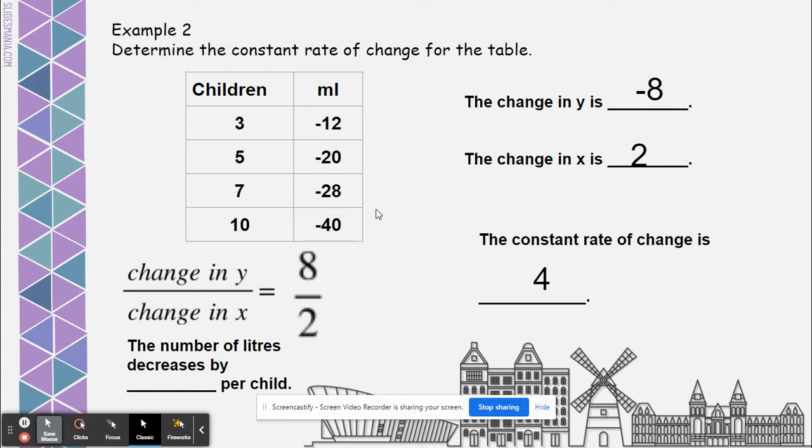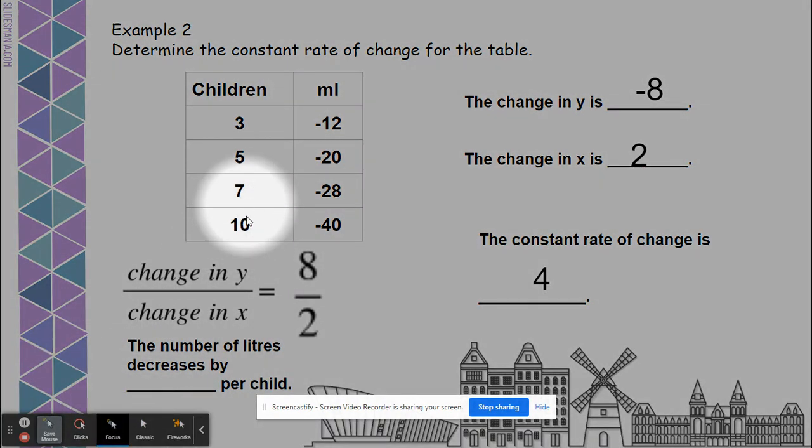I do want to point out one thing here, though. I want you to notice that the change between negative 40 and negative 28 is not negative 8. As a matter of fact, if I go negative 40 minus negative 28, I get negative 12. So negative 12 was the change in y here.